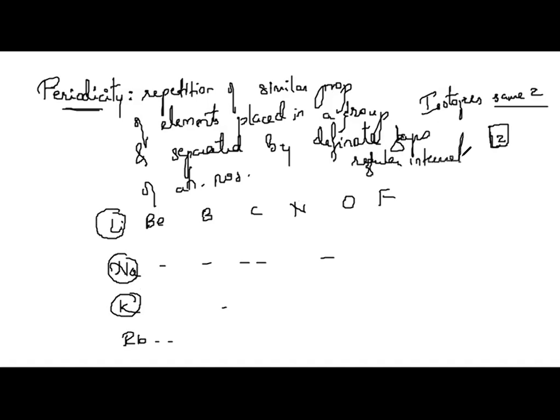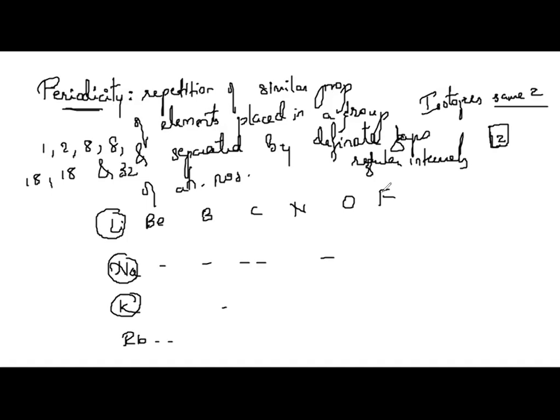When elements were arranged in the increasing order of atomic numbers, it was observed that the properties of the elements were repeated after certain regular intervals of, say, one element, or two elements, or eight elements, 18 elements, and 32 elements. So this was the repetition seen.